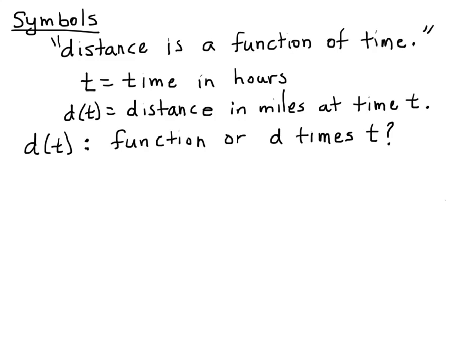When you're writing a model, it is helpful to write those two lines: t equals time in hours, d(t) is distance in miles at time t. So you're not talking about the product, because this isn't distance times time, this is distance as a function of time. There's no convenient way to be sure that you're talking about a function instead of a product unless you write down that d(t) is a function.